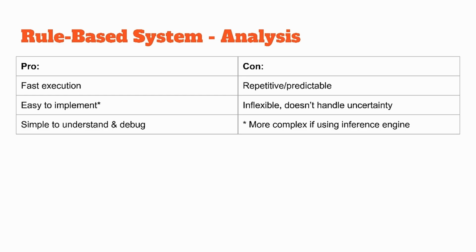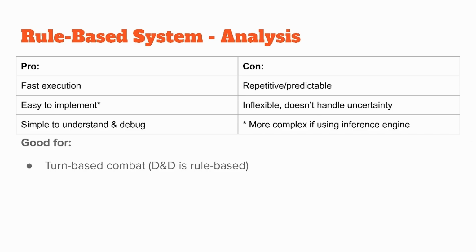And if you have a lot of complex rules, you can use something called an inference engine that is used by expert systems to really churn through those rules to find the best action to take. But that's a little more complex. I will point out some resources at the end of this talk that have really good example code on how to implement a simple inference engine for a game.